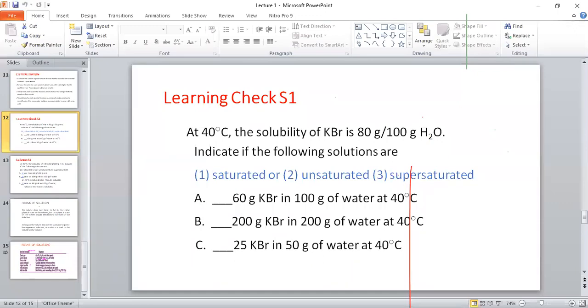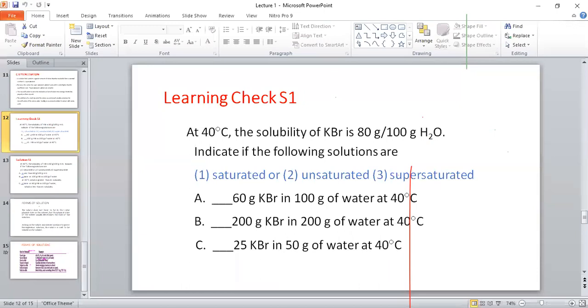Solubility is the maximum amount of solute that can be dissolved in a specific amount of solvent, usually at a certain condition. It is the specific amount of a solute that can dissolve in a certain amount of solvent under a certain condition.